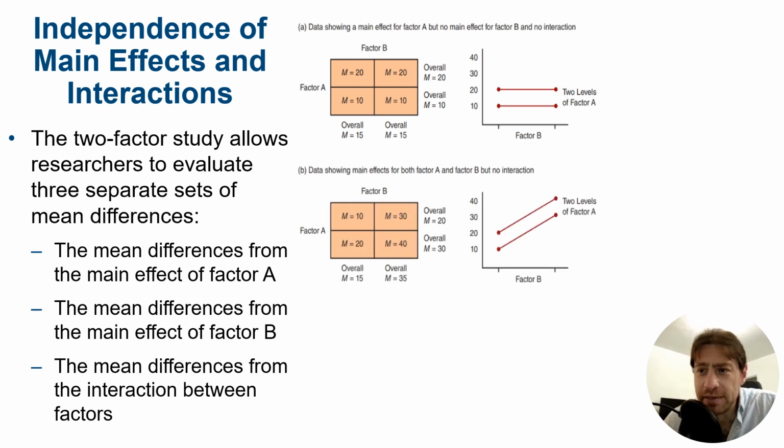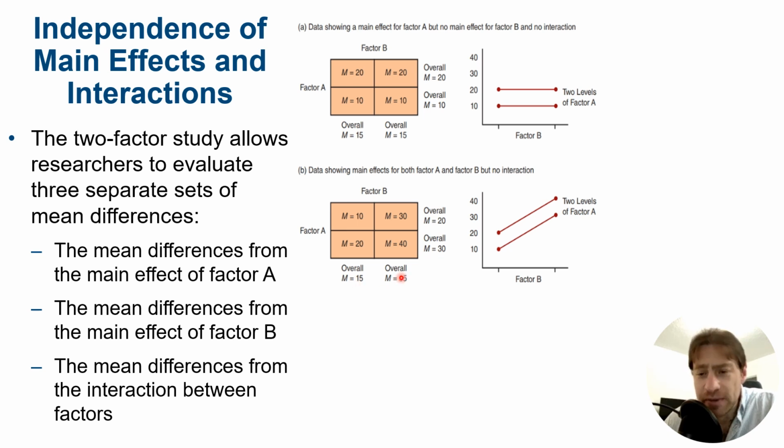All right, here we have an example of a situation where there's a main effect of both factor A and factor B. If we take factor A, and average across the two levels of factor B, you wind up with an overall mean of 20 and 30. Assuming this difference is significant, that would be a main effect of factor A. Now, factor B, if you average across the two levels of factor A, you wind up with an overall mean of 15 and 35.